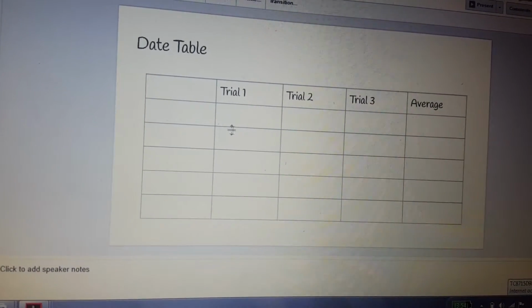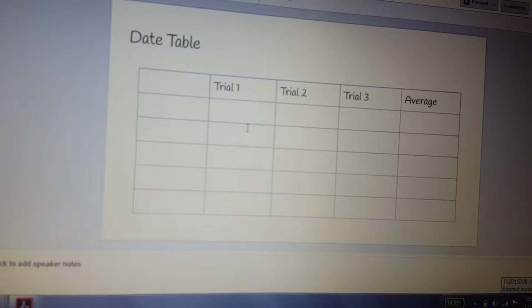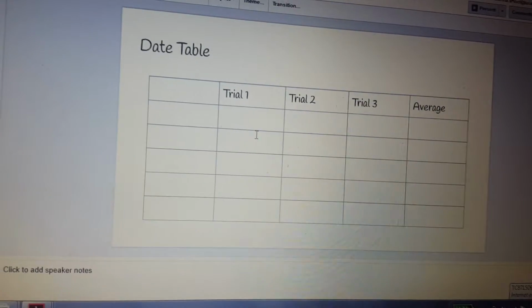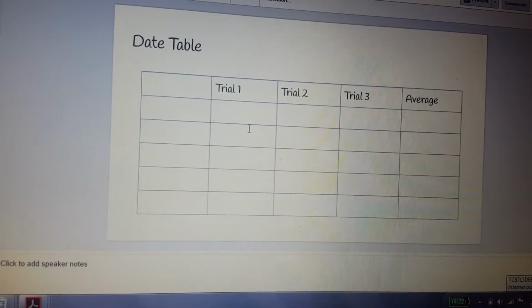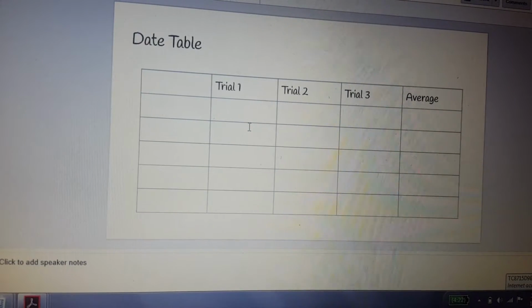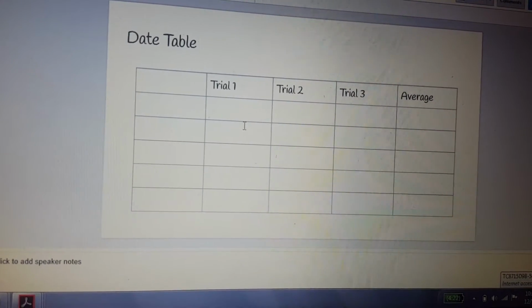So I'm going to fix this data table, and you'll see that in this data table, because you're talking about power in your presentation, you're going to see variables. You're going to see the independent variable, which is your design, and the amount of water that you're going to be using is going to be changing. And then you're going to see force, or you're going to see the word work, and you're going to see time. And that's what I'm going to put in this table.